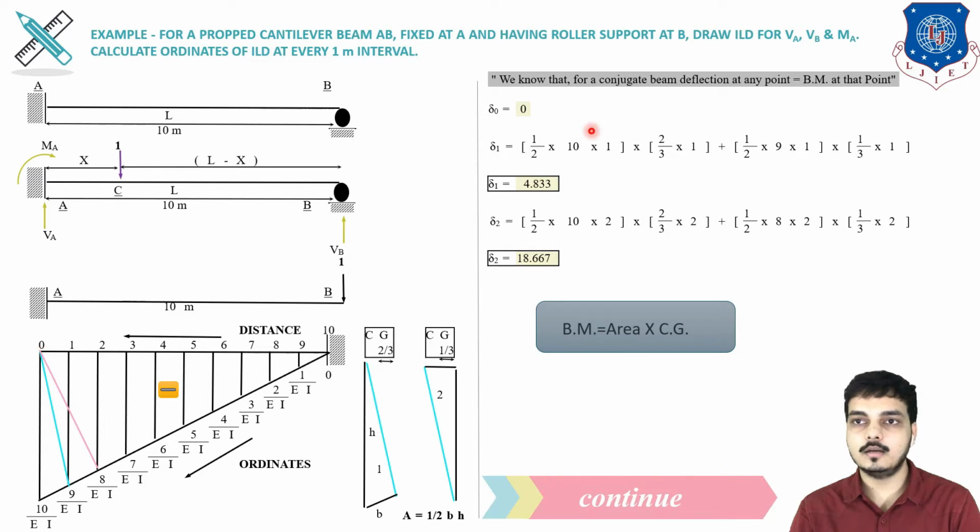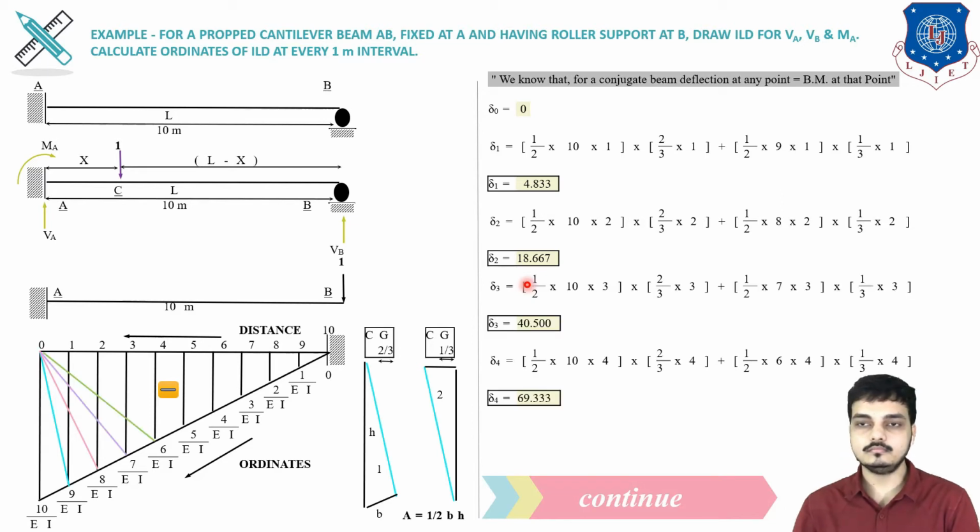Values have changed, but the process is the same. 1/2 into 10, now the distance becomes 2 meters, into 2/3 of 2, plus 1/2 into 8 into distance 2 into 1/3 of 2. After solving this, I will get my delta 2. Similarly, we will be finding delta 3, 4 and so on.